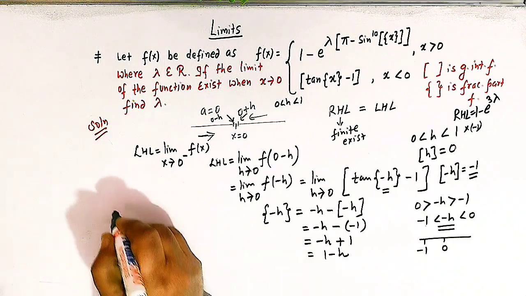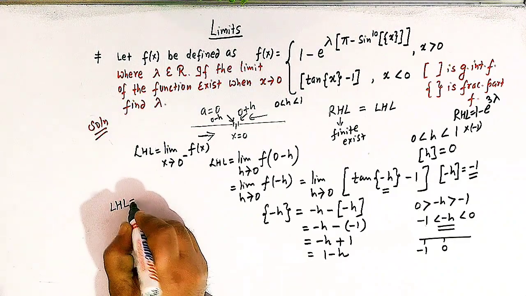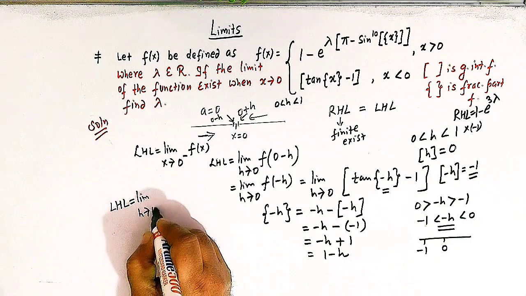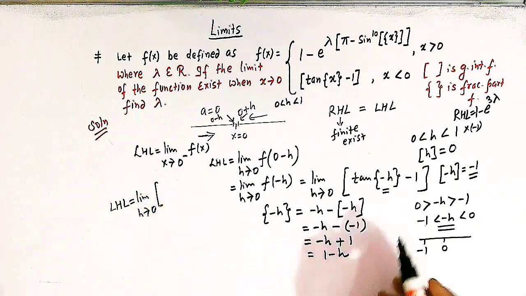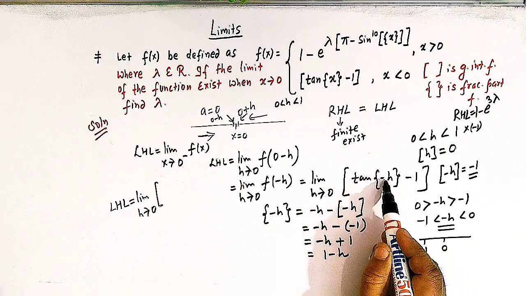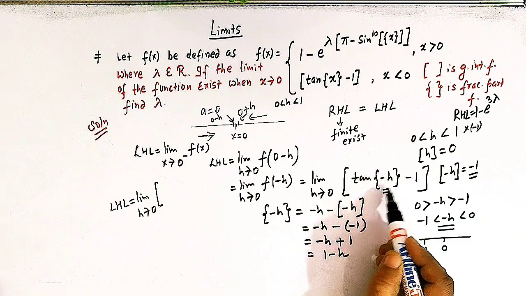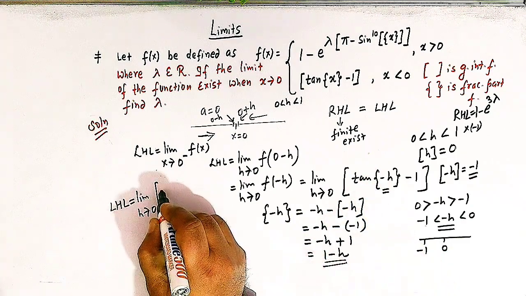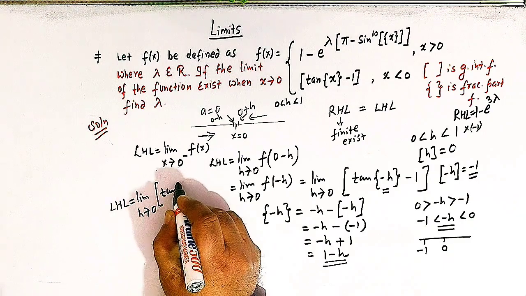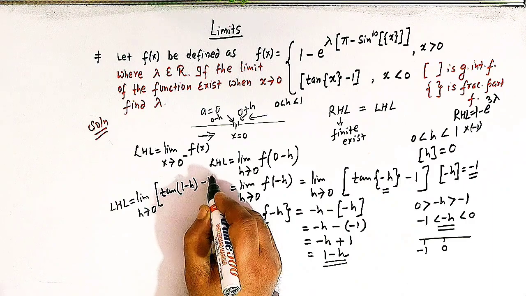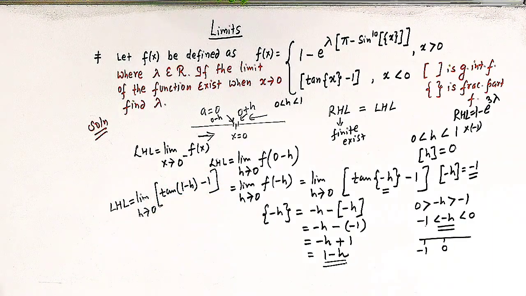So now we can write the left hand limit as limit h tends to 0 of greatest integer of tan of fractional part of minus h. So fractional part of minus h may be replaced by 1 minus h. So here we have tan of 1 minus h, and here we have minus 1, right?